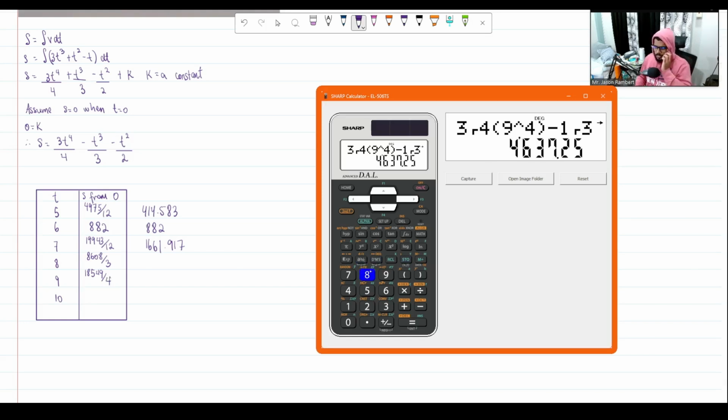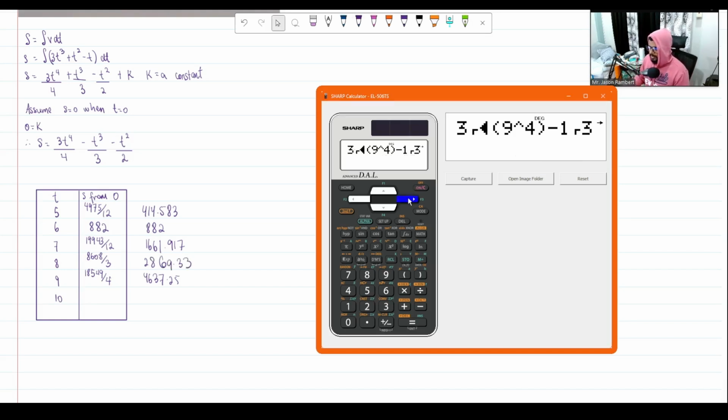So we're still moving forward. 4637.25. I forgot to put what this number is. Let me check what that number is on the calculator. 8608 divided by 3, we get 2869.33. So we're still moving in a forward direction.